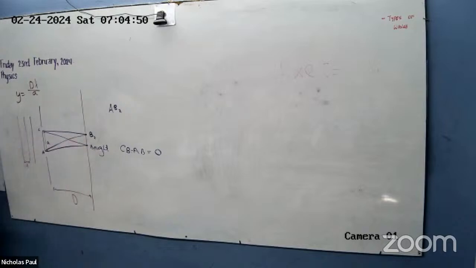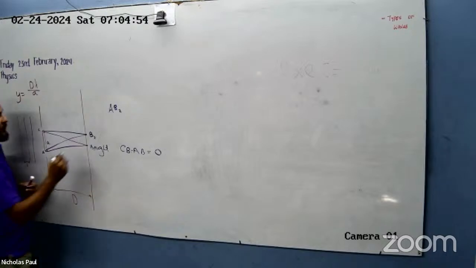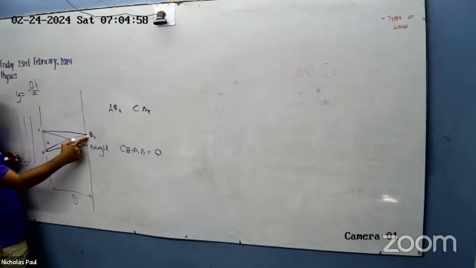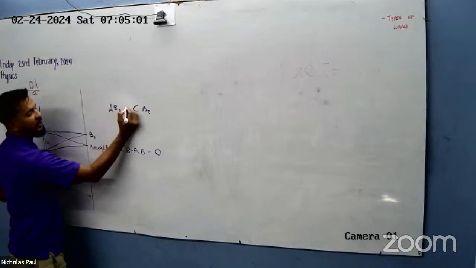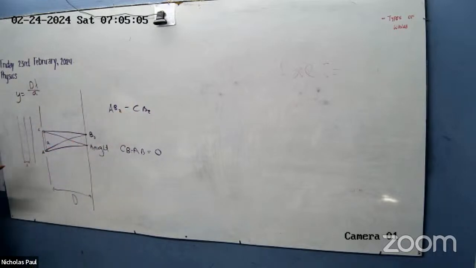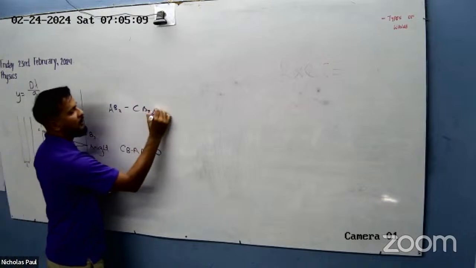Are the paths the same? No, the paths are not the same. Who is traveling furthest? AB2 is traveling furthest, and so if I subtract this here, what you will end up with is lambda.